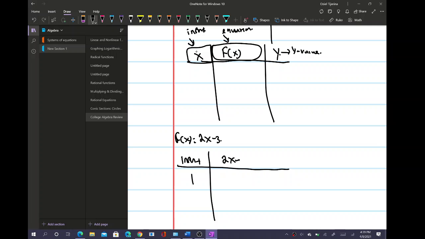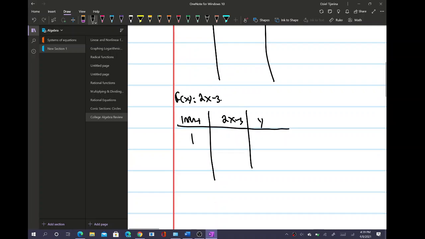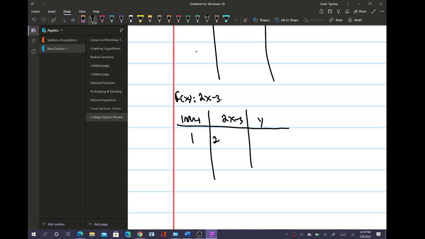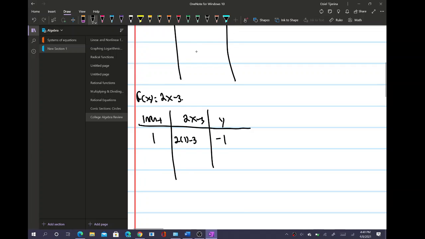So this is 2x minus 3, and then this would be our y value, right? So we would have 2 times 1 minus 3, and then 2 minus 3 is negative 1, right? So our y value would be negative 1. So if you plot it, it's (1, negative 1), right?